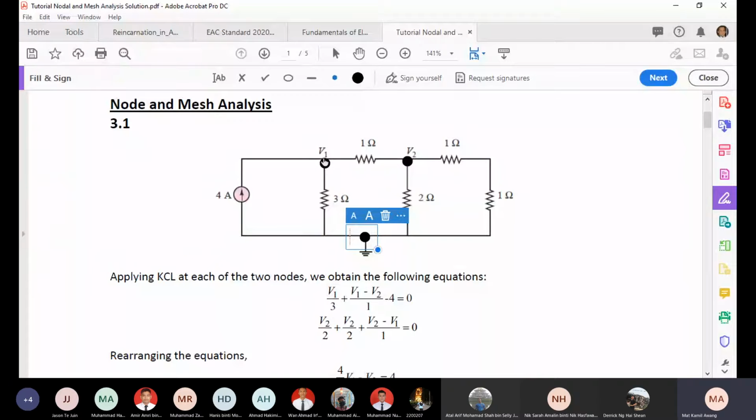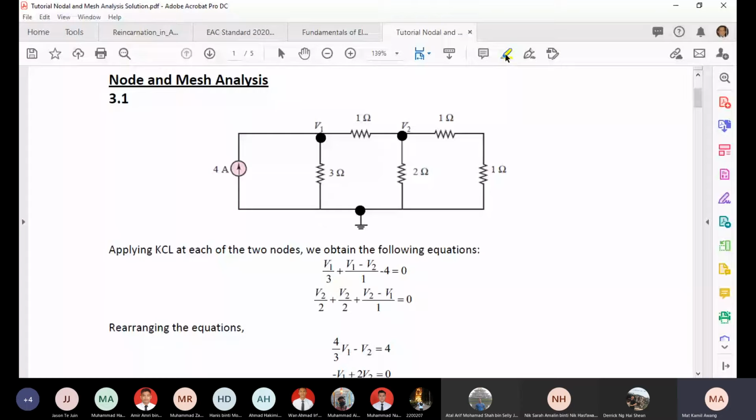So for the V1 node, we have 4 amps entering the node, and the current leaving the node is through this 1 amp and this 1 amp. So we can write the equation.